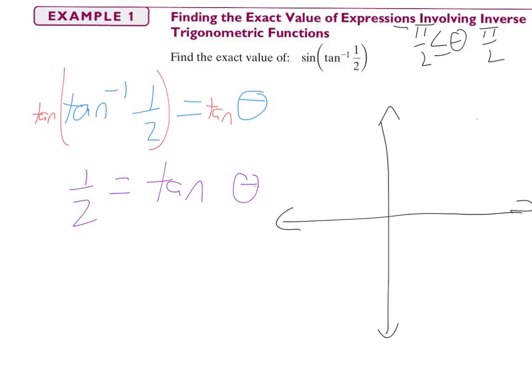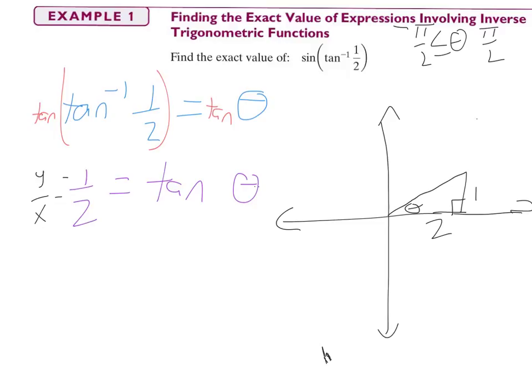So, if tangent is 1/2, remember that's equal to y over x. So the y value is 1, and the x value is 2. I don't know why I wrote x, it should be 2. And this is our angle.